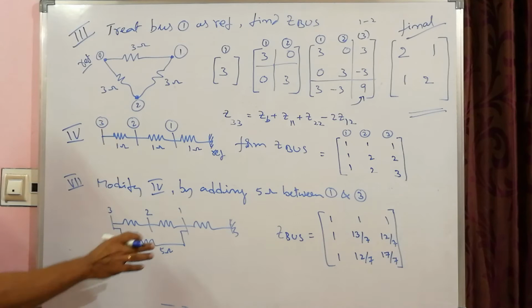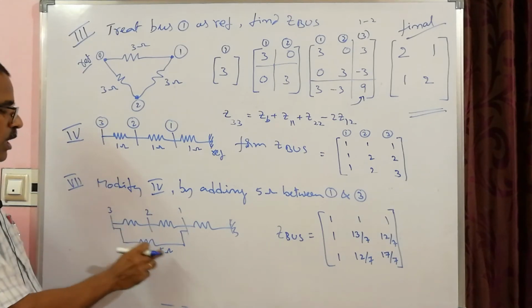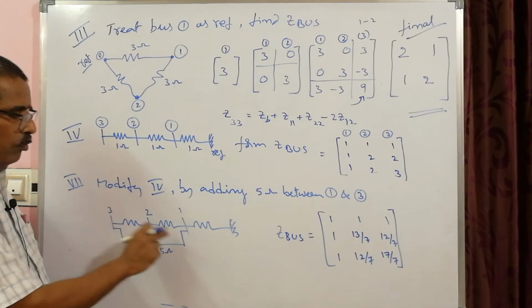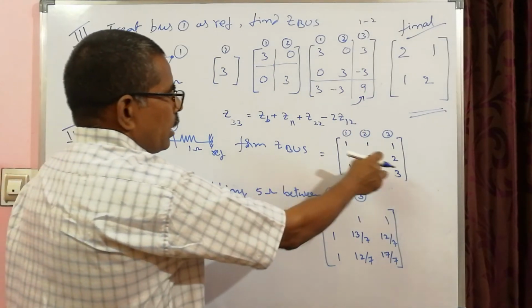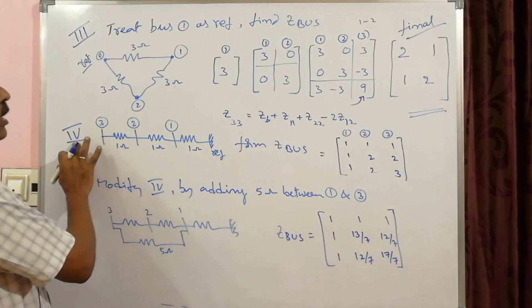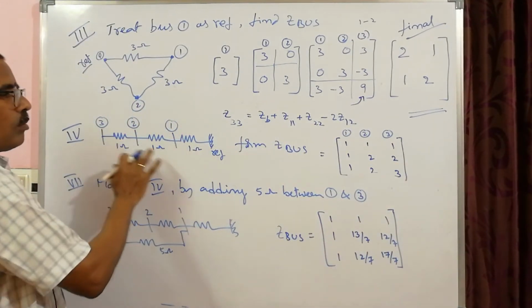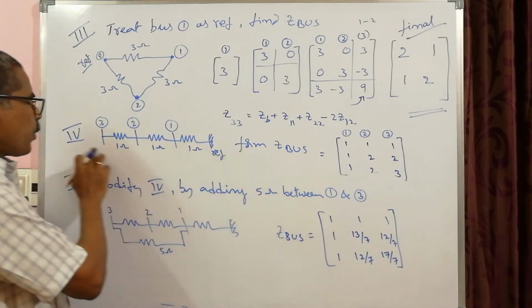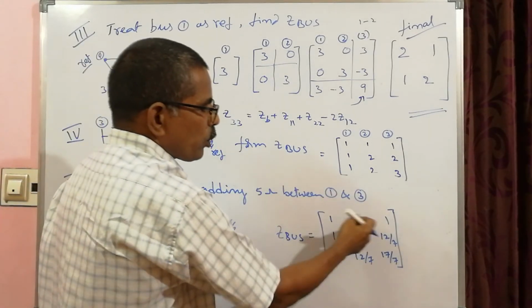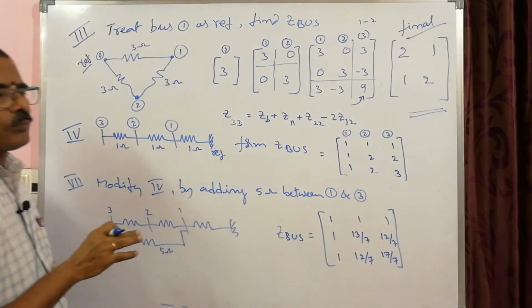So, with corresponding addition, 5 ohms is added between 1 and 3. With that, the actual Z bus corresponding to this 4th case is going to be modified like this.